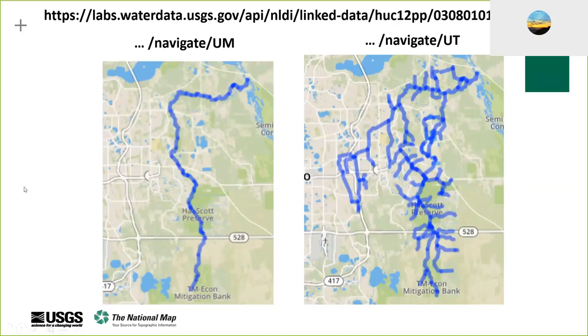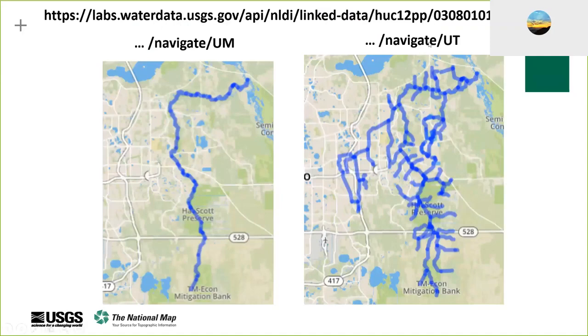You can use the URL that you see up there at the top and add to it navigate upstream main stem, and you'll get returned the features that are upstream of that point specified in the URL, which is a HUC12 pour point, the outlet of a HUC12. This is the HUC12 that we're looking at, which is in Central Florida.